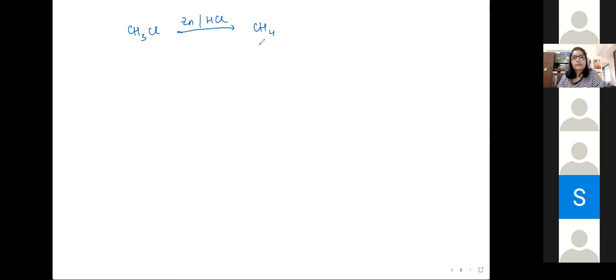Methane and hydrogen. Technically, instead of Cl2, you would see it in the form of ZnCl2, but this is not important. The main thing to focus on is that if you have an alkyl halide, sometimes you may be given HCl directly, sometimes you may be given H plus and Zn. Basically, zinc in acidic medium, you get alkane.